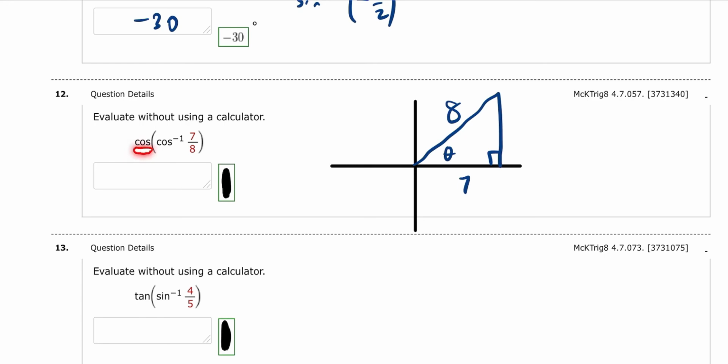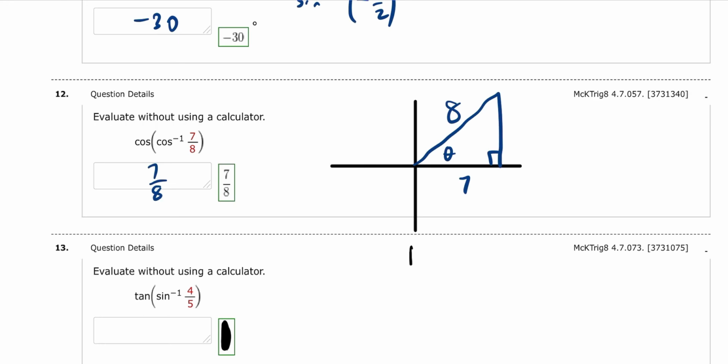Since they're only asking for cosine, we don't really need to find this. If they would have been asking for sine, we would have needed opposite over hypotenuse, or tangent would have been opposite over adjacent. But since they're asking for cosine, they're just asking for 7/8. So that is our answer, 7/8, because the cosine of the angle is adjacent over hypotenuse.